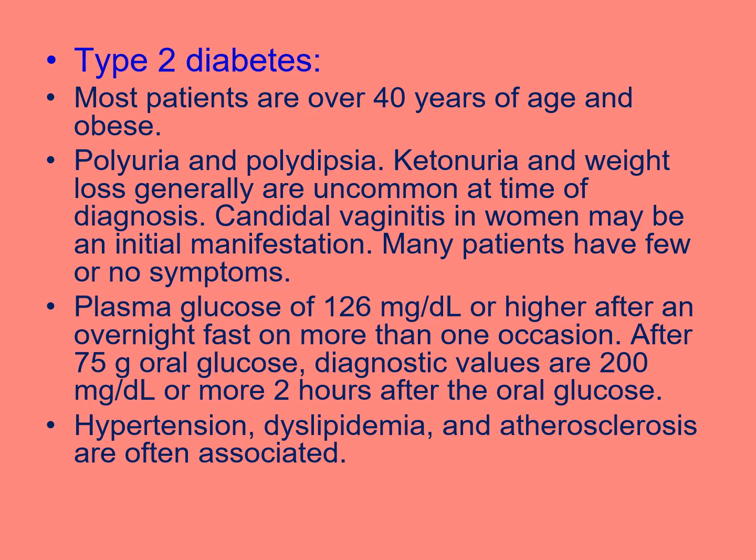A plasma glucose exceeding 126 milligrams per deciliter after an overnight fast, on more than one occasion, or 200 milligrams per deciliter or more 2 hours after a 75 gram oral glucose load, is of diagnostic value. This is the basis of the OGTT, or oral glucose tolerance test.